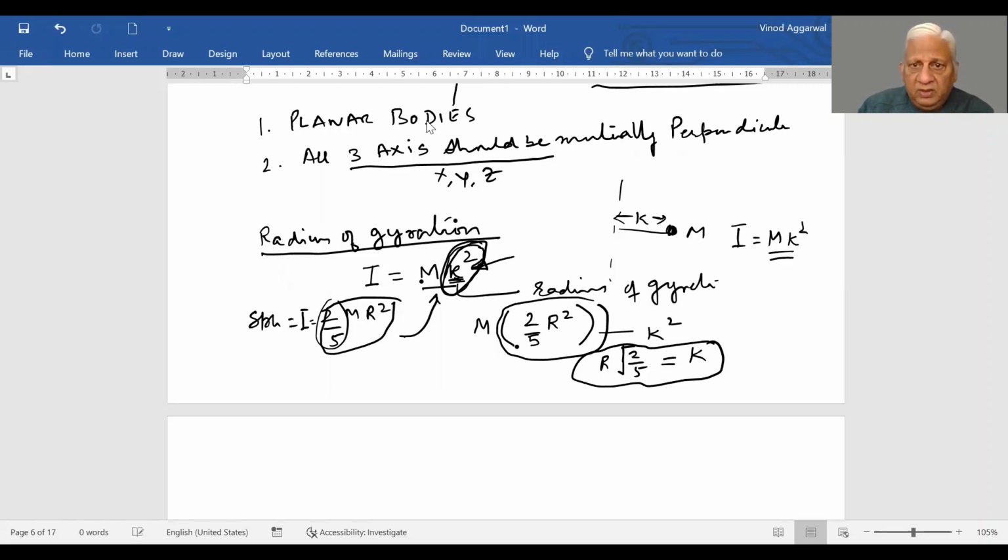So it is as if all the mass is situated at a distance k from the axis of rotation, as a single point mass.